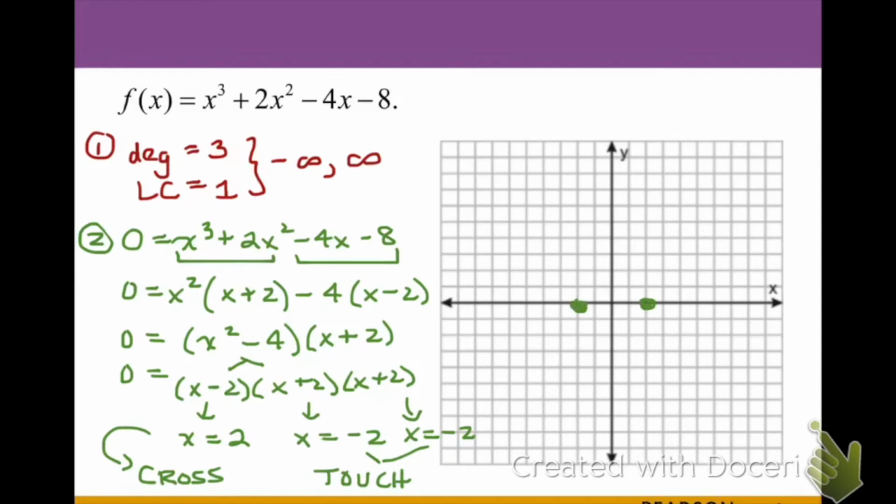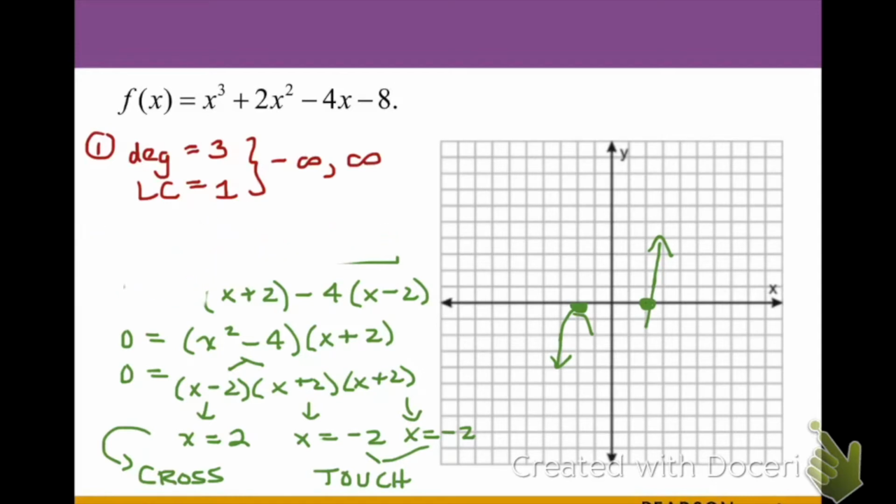So if we go ahead and plot those at 2 and negative 2, we'll see here that we're going to touch at negative 2, but cross at positive 2. And we can go ahead and add in our end behavior, which we decided was falling to the left and rising to the right. If we look at our graph now, we'll note that the only thing we still need to figure out is what's going on between our 2 zeros.